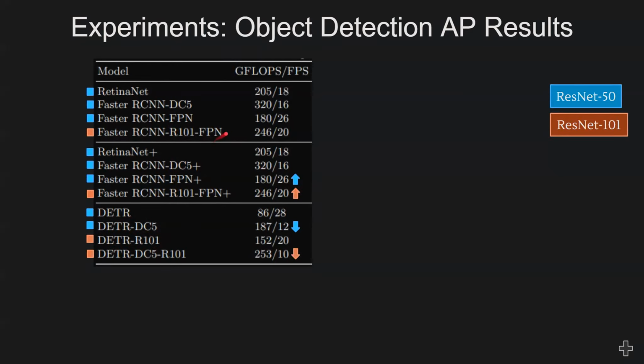I want to direct your attention to the arrows under the gigaflops per frames per second. Note that while the blue gigaflops have similar values, the frames per second is less than half of the DETR. And the same story happens with ResNet 101, the red one.